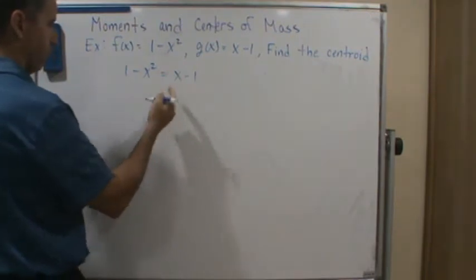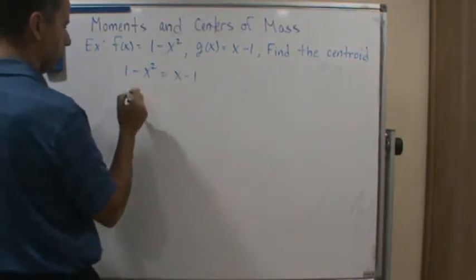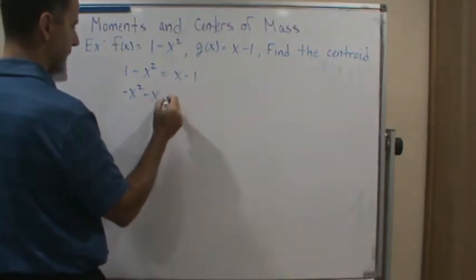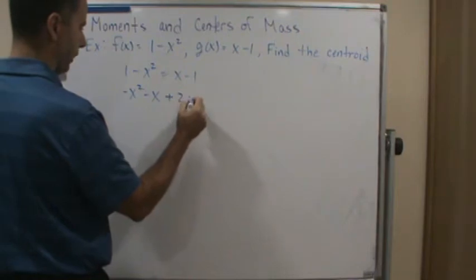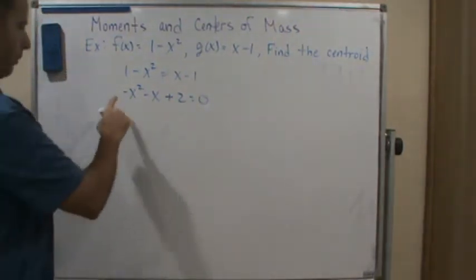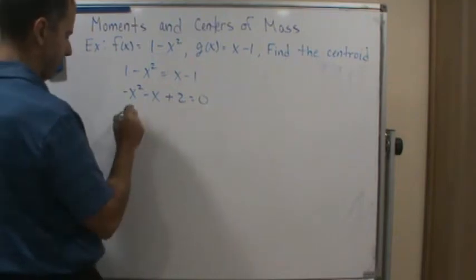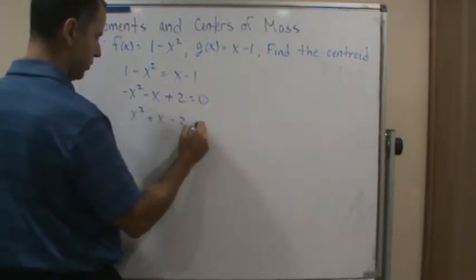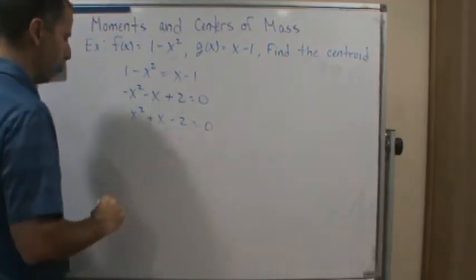So we move it over here, and we get negative x squared minus x plus 2 equals 0. Okay? And I'm going to multiply everything by negative 1. So I get x squared plus x minus 2 equals 0.